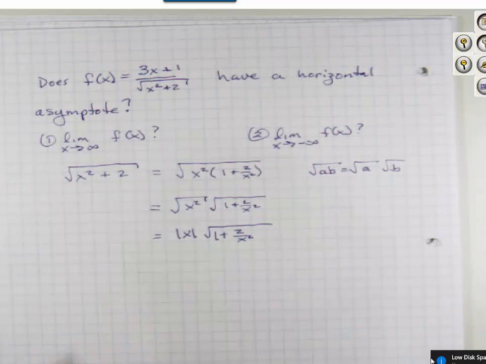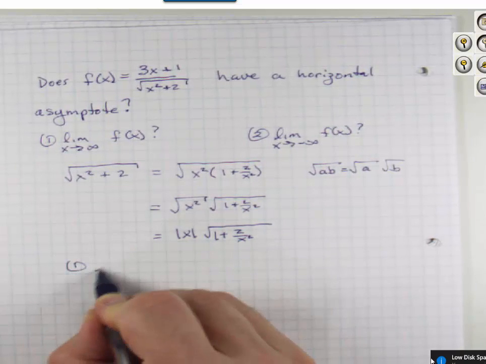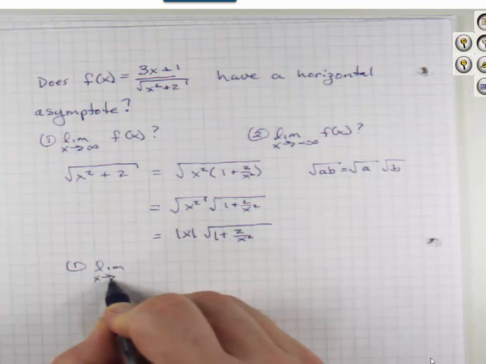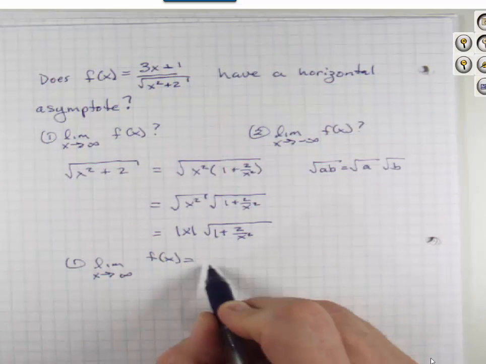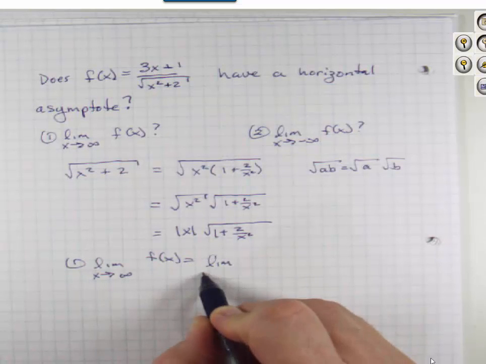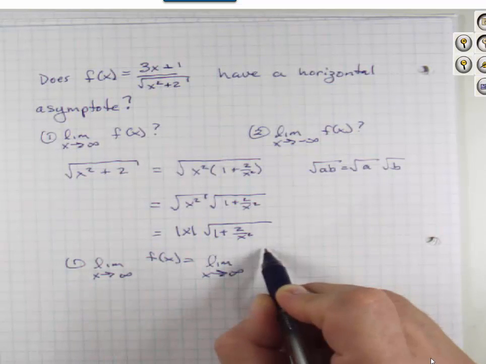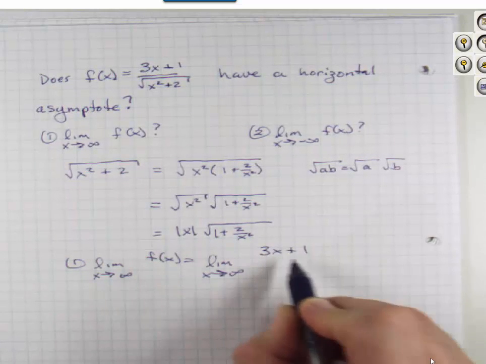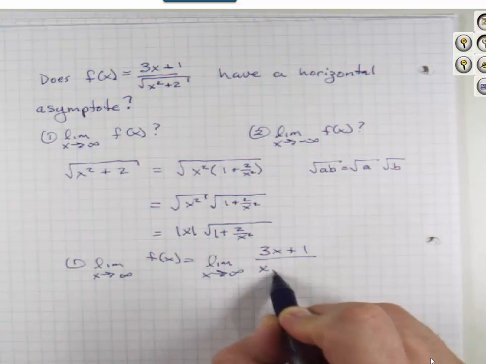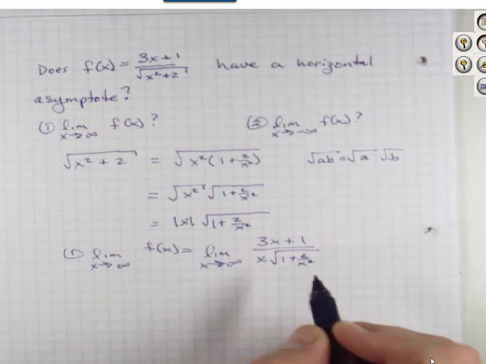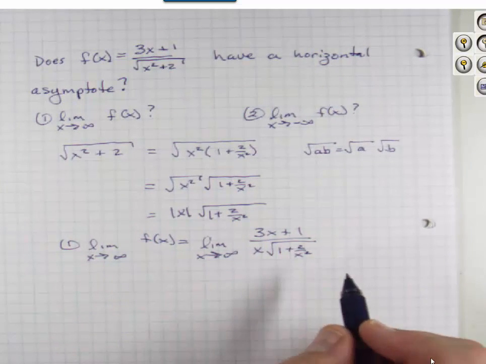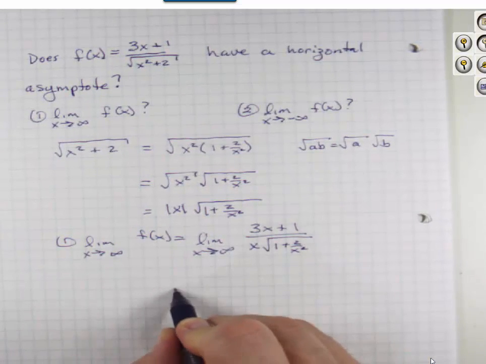Now let's do case 1. What is the limit as x grows without bound of f of x? By the substitution property of equality, that's the limit as x grows without bound of 3x plus 1 all over, that will be positive x, times the square root of 1 plus 2 over x squared. Okay, I'm going to divide everything through.